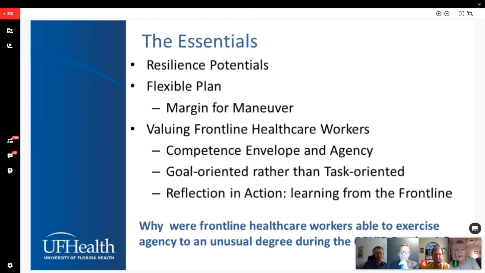The agency they gave them, they allowed them to exercise their full competence envelope. Particularly, he talks about a goal-oriented rather than a task-oriented approach. And this is something we view as very important in terms of frontline healthcare workers and their agency. As well, they learned from the frontline healthcare workers as they prepared and during COVID itself.